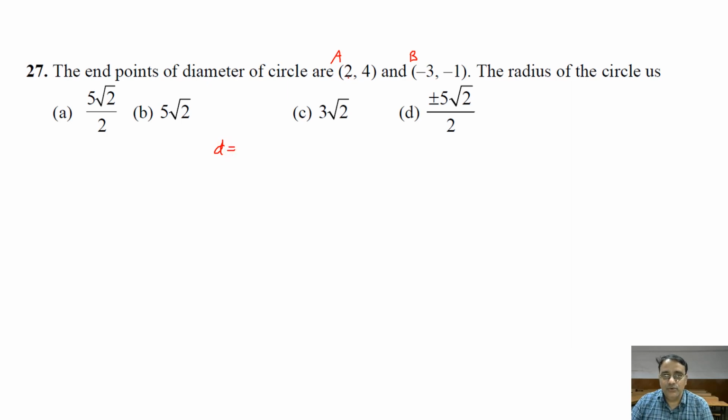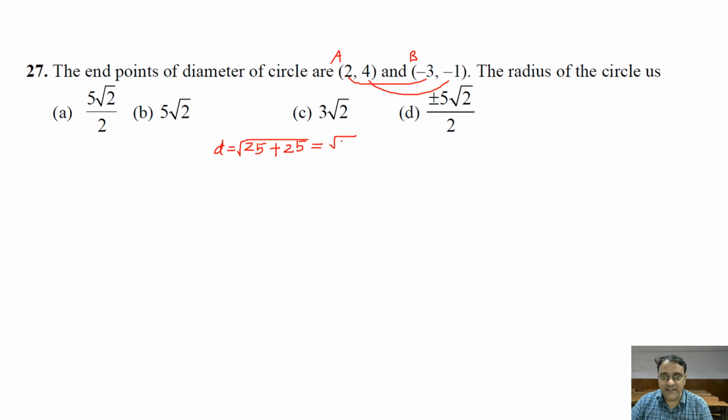So 2 minus of -3, that is +3, 5 square 25, plus 4 minus of -1, that is +1. Okay? So 4 plus 1 is 5, square, 25 again. Square root will be applied here. So that means root 50.